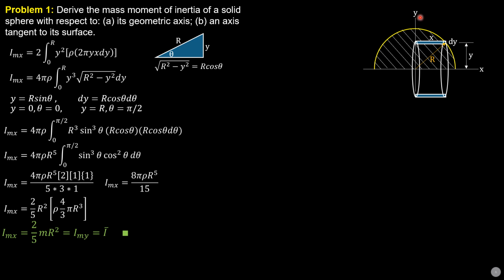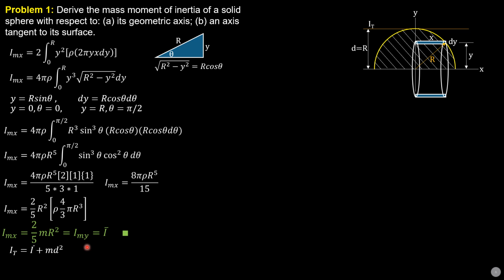Then for the moment of inertia with respect to a tangent surface here, the distance between that axis and the geometric axis of the sphere is r. Then apply the transfer formula, which is I with respect to any axis is equal to the moment of inertia with respect to the centroidal axis plus mass times distance squared, and the distance is r in this case.